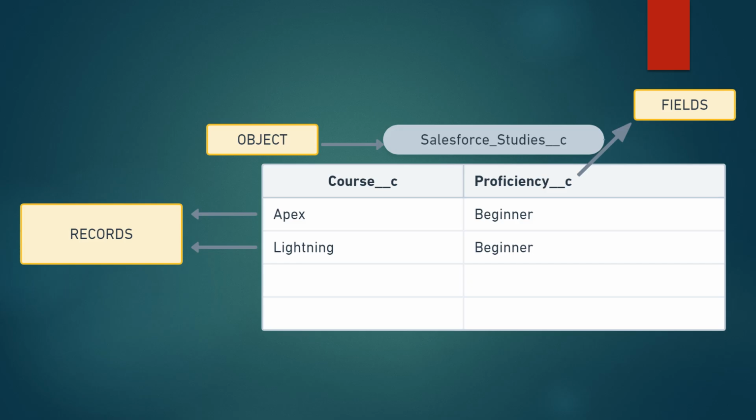The rows are records, which show that for record 1, the course value is Apex and the proficiency value is beginning. Similarly, for record 2, the course value is Lightning and the proficiency value is beginner. So now let us see the practical example of them.